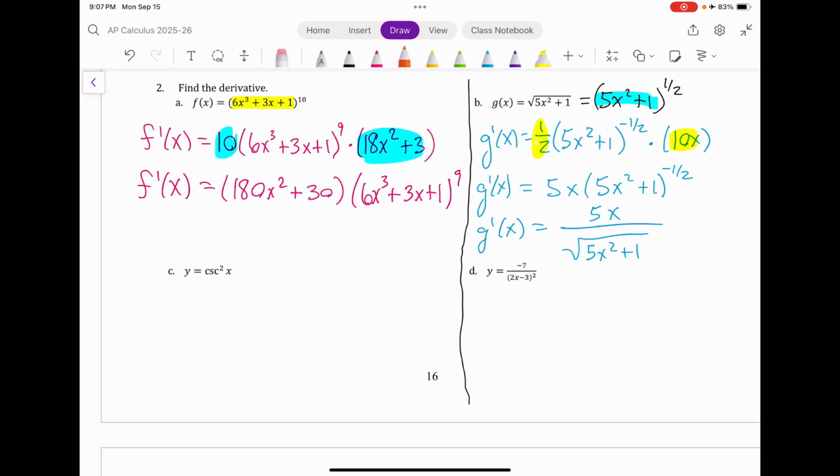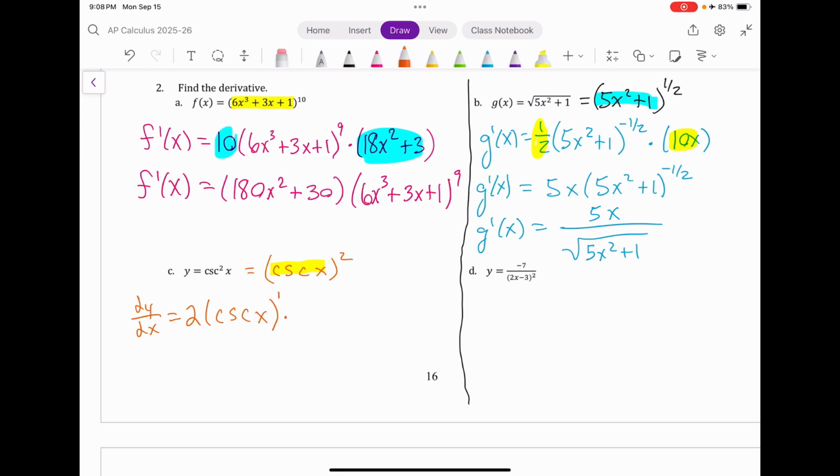Okay, so C, remember cosecant squared x is the same as cosecant of x, squared. So we can see the inner function is cosecant x, right? And so the outer function would be like u squared if we did u substitution. So the derivative of y with respect to x would be 2 times the inner function, cosecant x, to the first power.